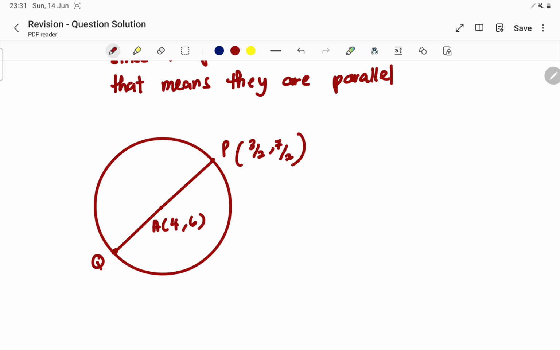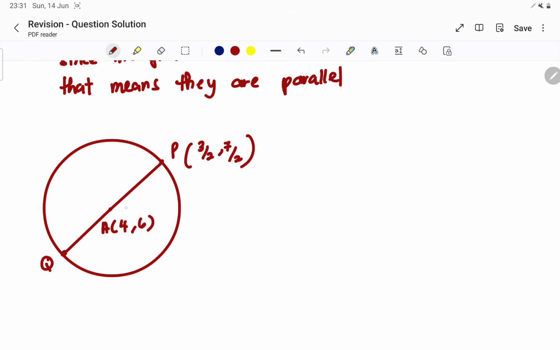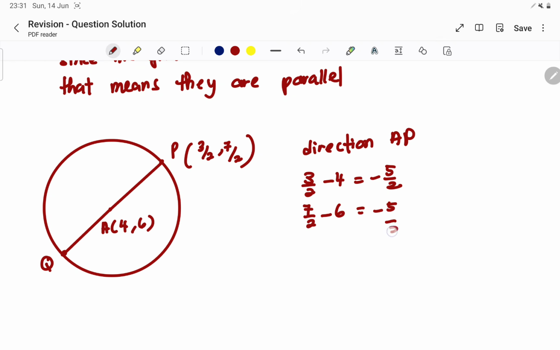Look at the direction from A to P. You can find the direction using the concept of vectors: 3/2 minus 4 gives negative 5/2, and 7/2 minus 6 gives negative 5/2 also.